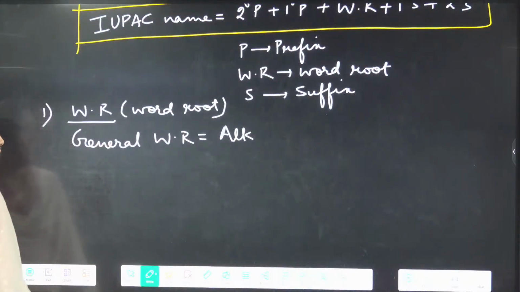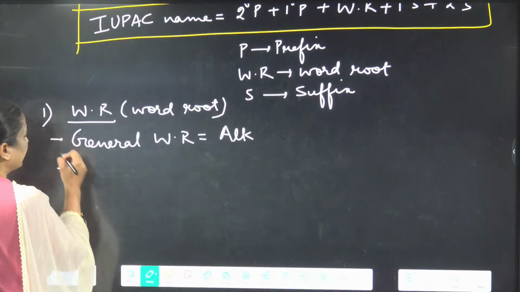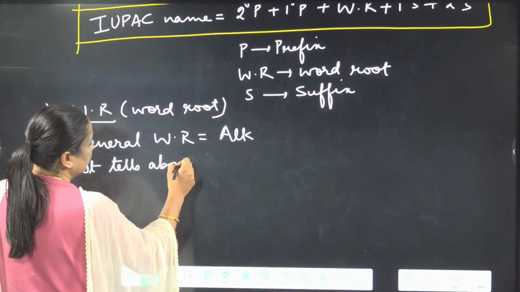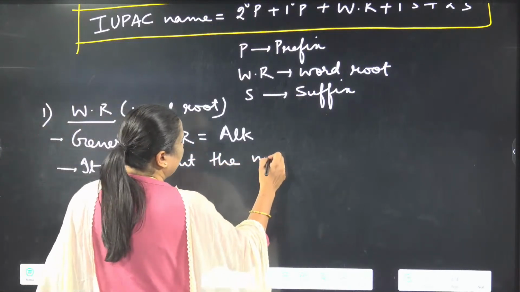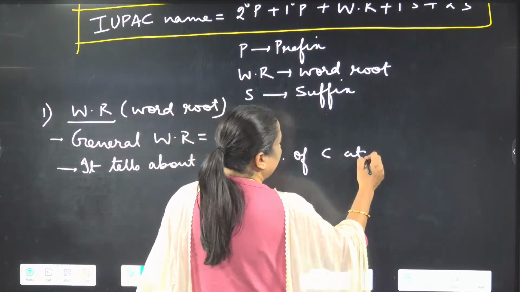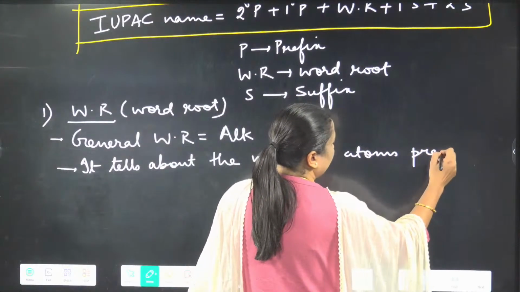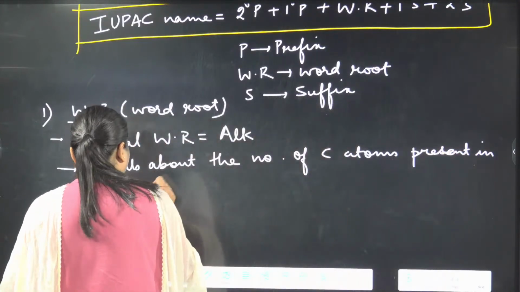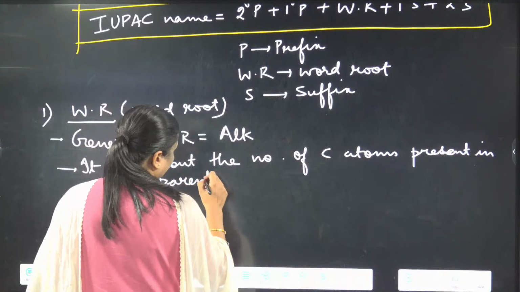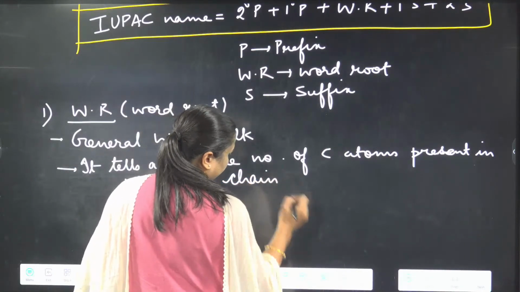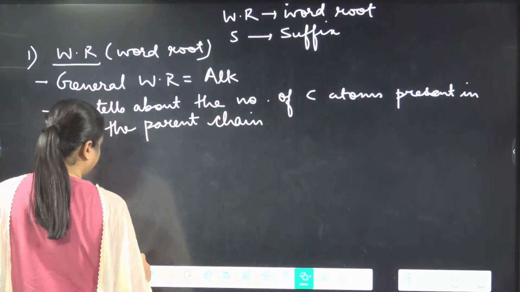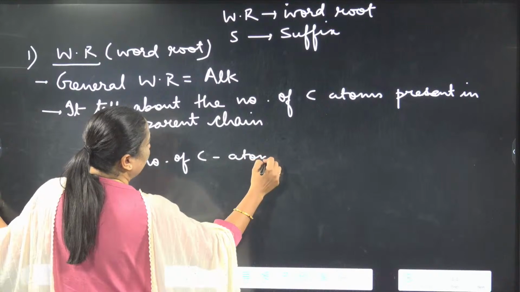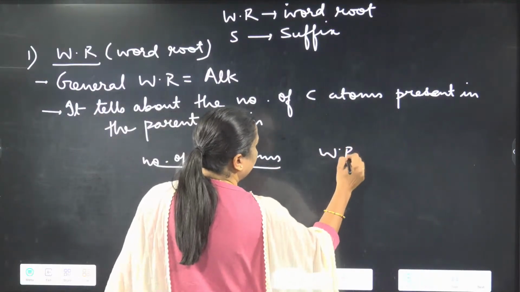And what it tells you is the number of carbon atoms present in the parent chain. So according to the number of carbon atoms, we are having the word root. So let us write about them.